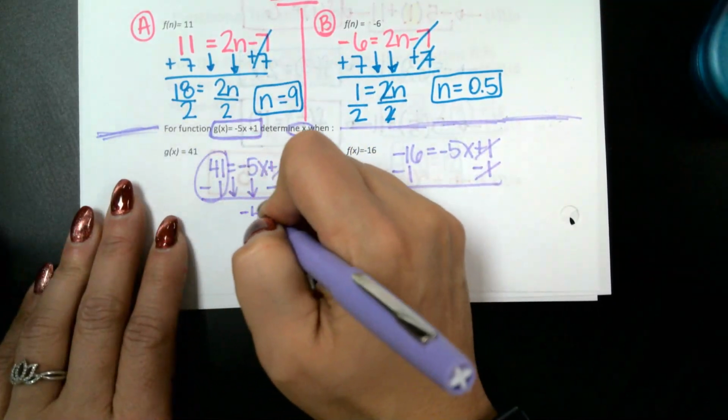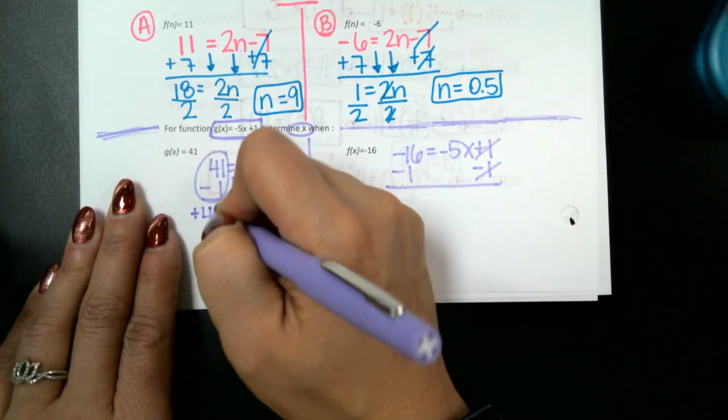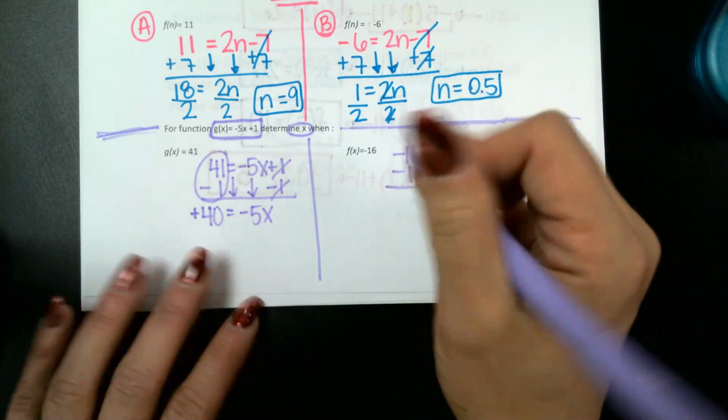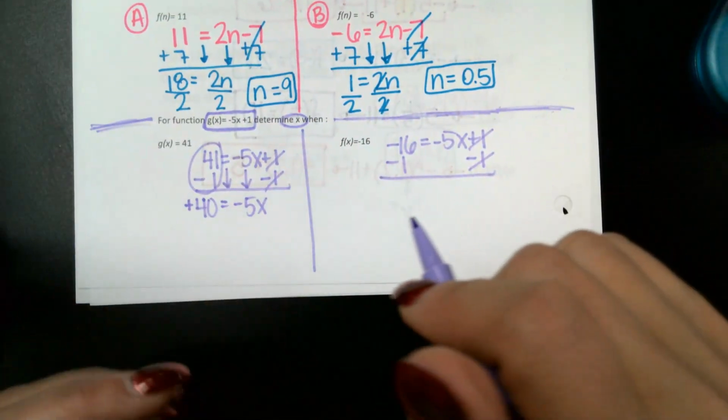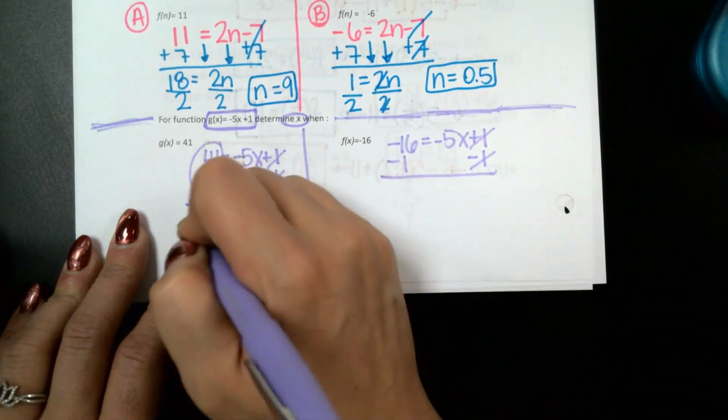I think the first one should give you a negative whole number. The second one will give you a positive decimal if you do them correctly.